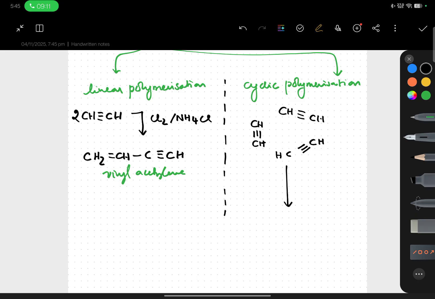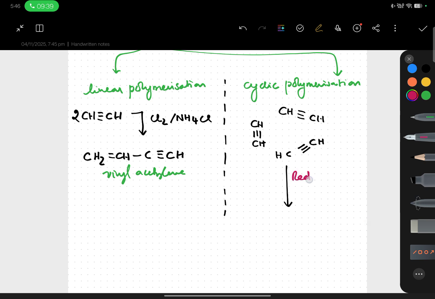When you pass it through a red hot tube, the 3 molecules exchange the triple bonds and cyclize.